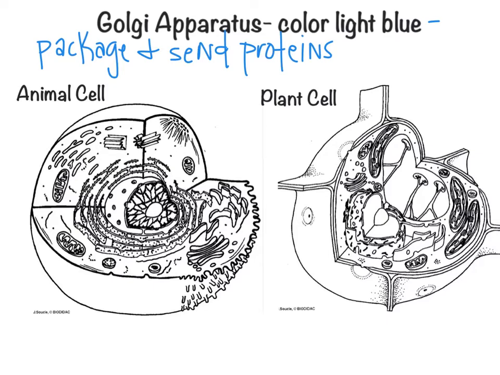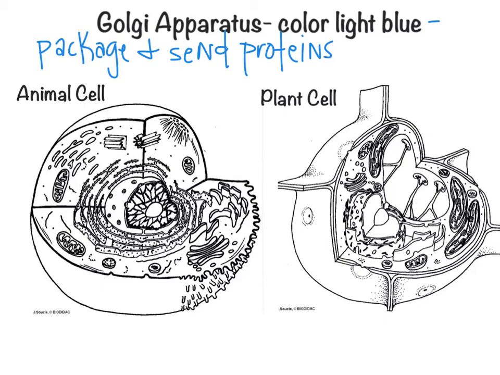It could be somewhere in that cell, or somewhere in another cell. But basically it will package it up and send them off. This is something that gets very confusing with the smooth ER because they look very similar. To me, this looks a lot like a stack of pancakes. It tends to be a little tighter organized than the smooth ER.